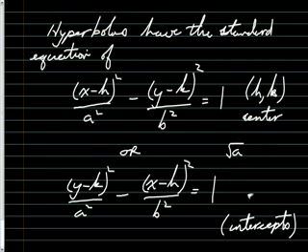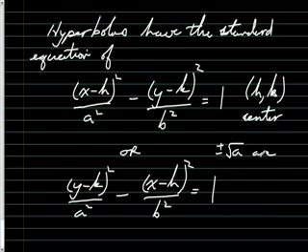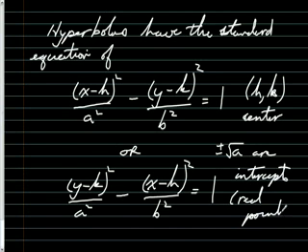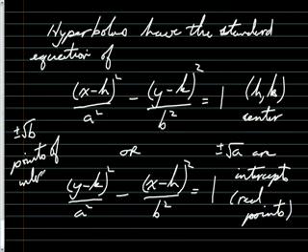Plus and minus the root of a are our intercepts, what I'll call real points. Plus and minus the root of b are the ones that I'm going to call points of interest.